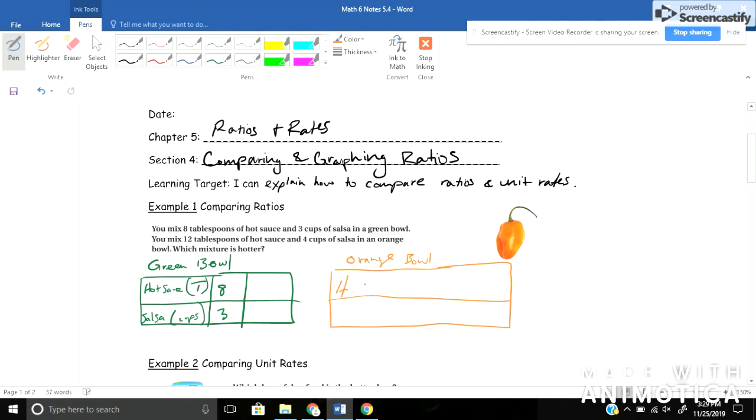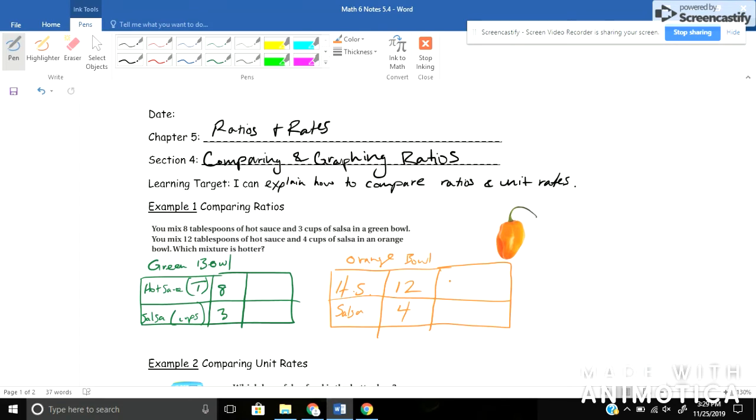We've got hot sauce, I'm going to abbreviate that, and we've got salsa. Okay, and I start off with 12 tablespoons of hot sauce and 4 cups of salsa. Okay, and I want to know which of these is hotter.